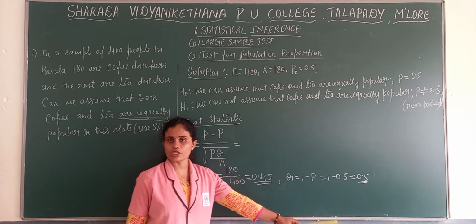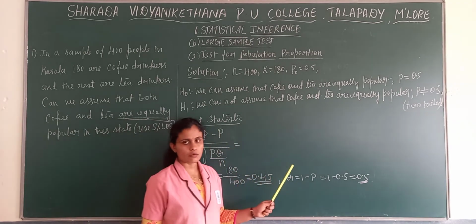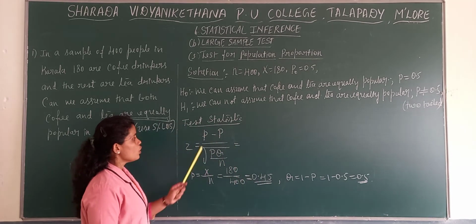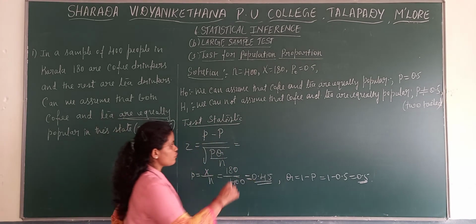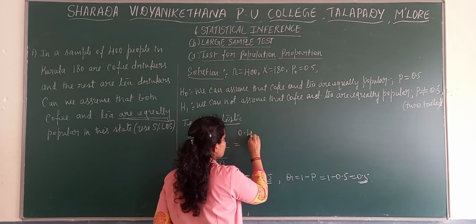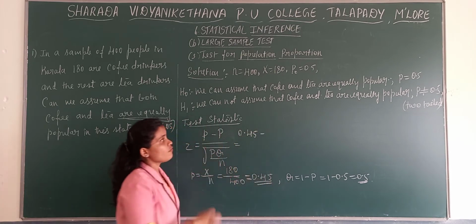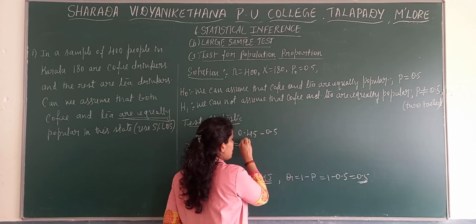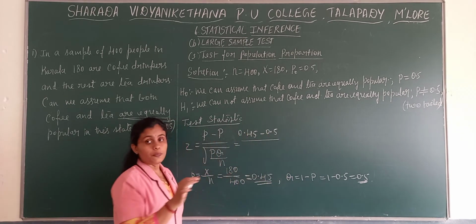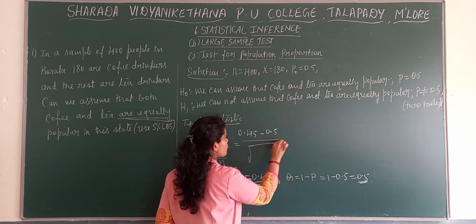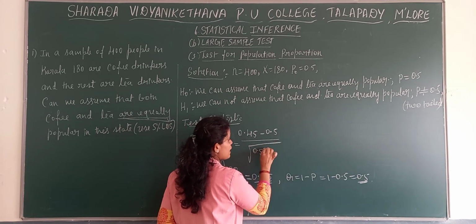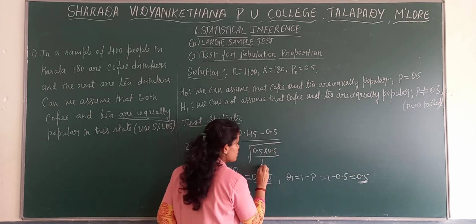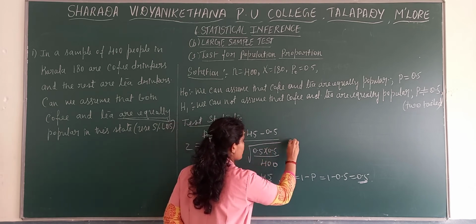We know that equally distributed means P and Q are equal, but still once you have to show. Now we got p as 0.45, so 0.45 minus the value of P, that is 0.5, divided by root PQ, P is 0.5 as well as Q is 0.5, divided by N, that is sample size, 400.